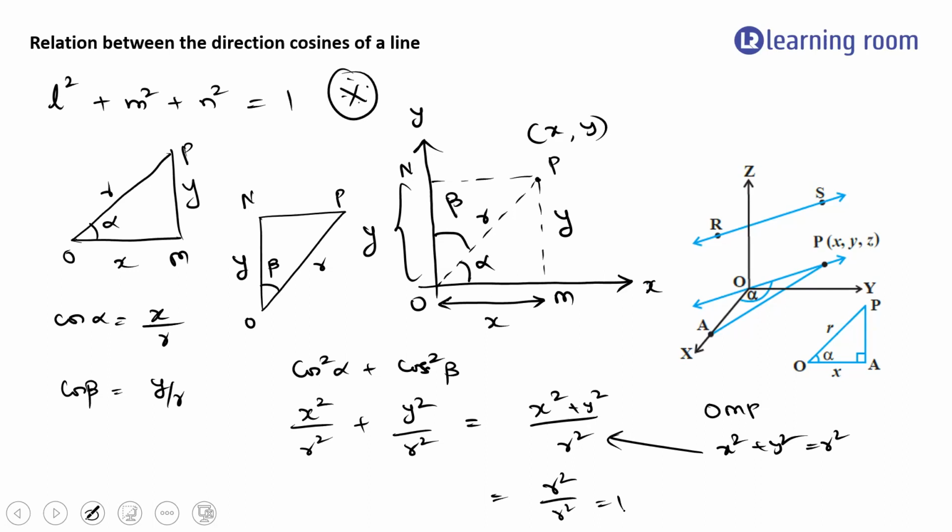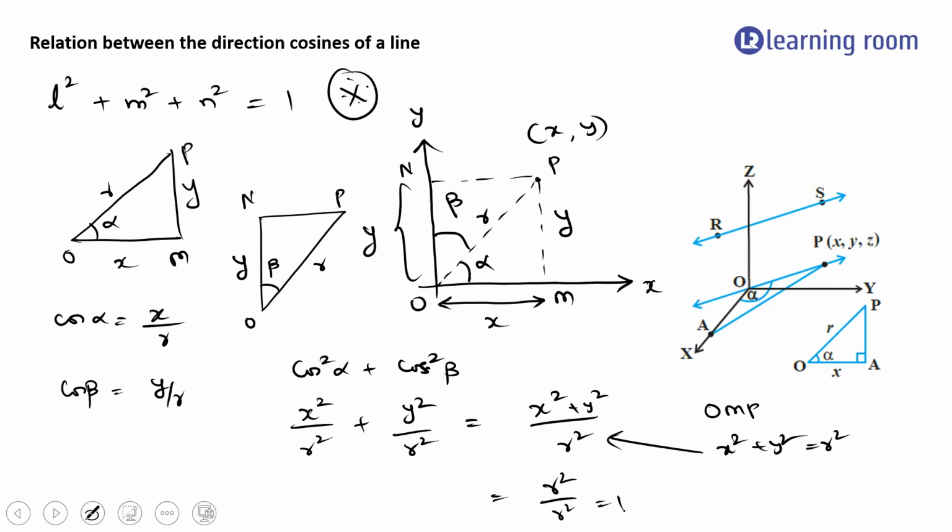Similarly, if I extend the concept to a 3-dimensional space, what will happen? When cos alpha came out to be x by r, cos beta came out to be y by r, then what will cos gamma come out to be? It will come out as z by r, so that when you add everything, you get x square plus y square plus z square divided by r square. So r square by r square will give you 1. But we know that cos alpha is L, so cos square alpha is L square.